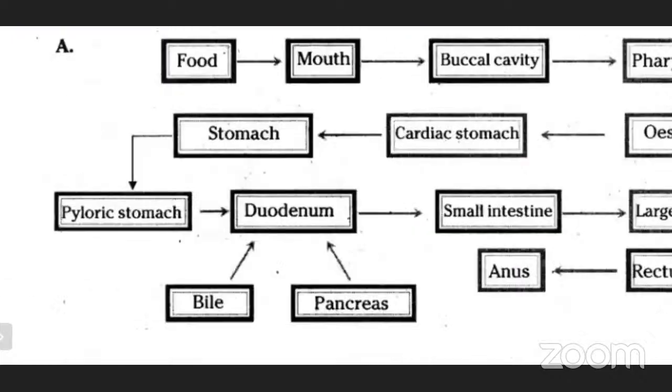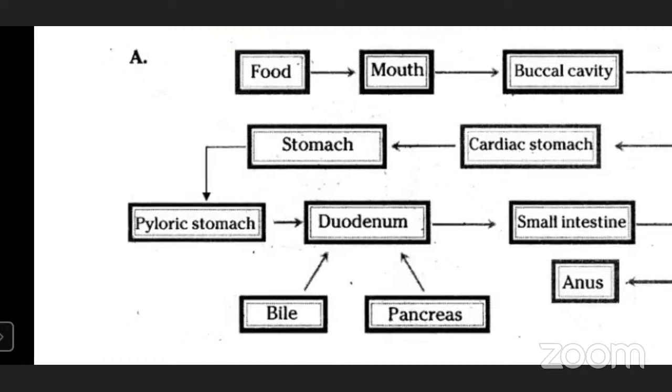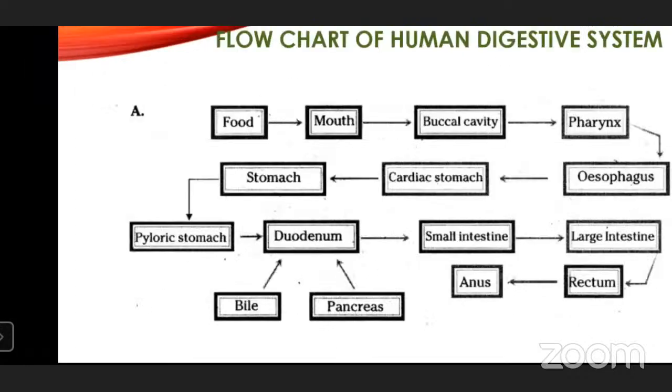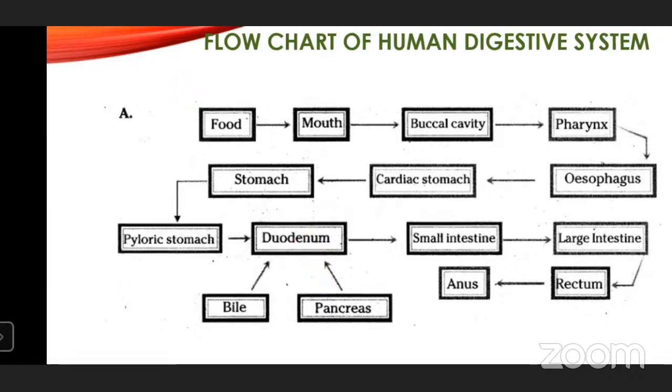Next, pyloric stomach, duodenum, small intestine, large intestine, rectum and anus. In the duodenum, bile and pancreatic juice are secreted. So the liver and pancreas secrete into the duodenum. This is the flow chart of the human digestion system.